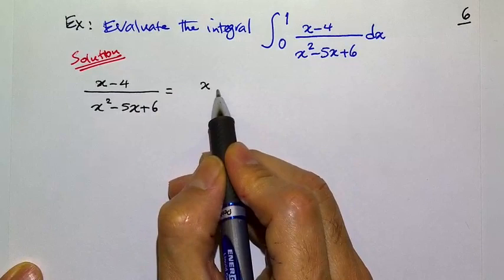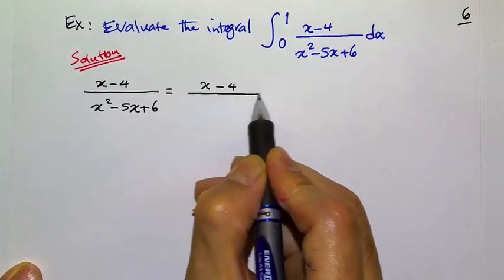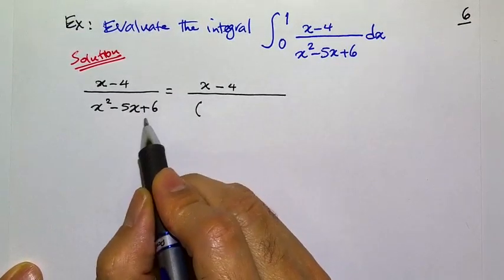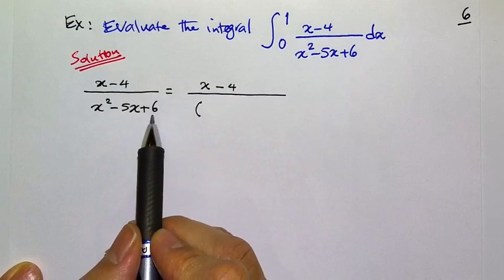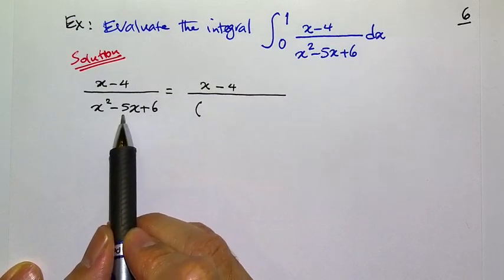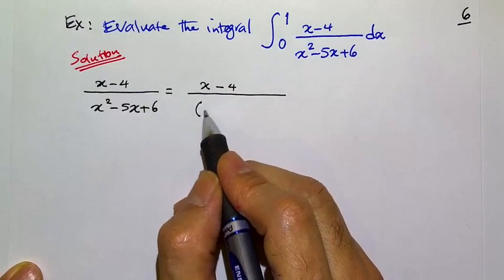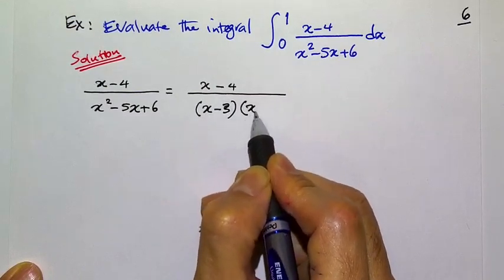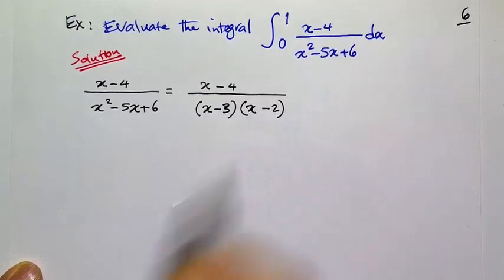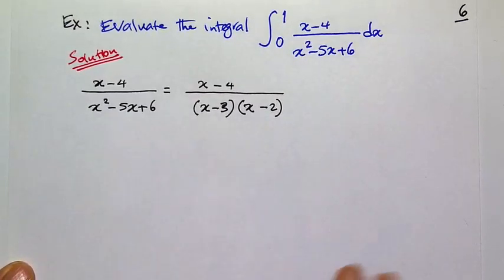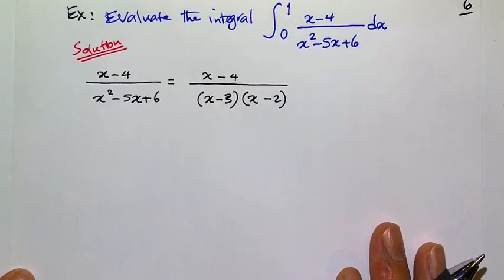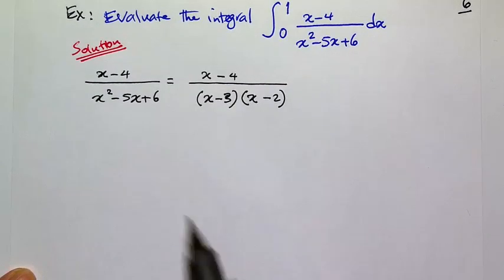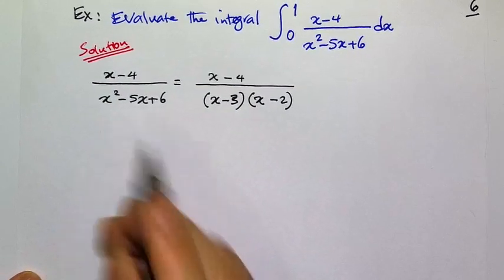So we can write (x − 4) divided by, we're looking for two numbers that would multiply to positive 6 and add up to minus 5. So (x − 3) times (x − 2). Okay, so that's a factorization of that. Now that we have that, let me add a note here.